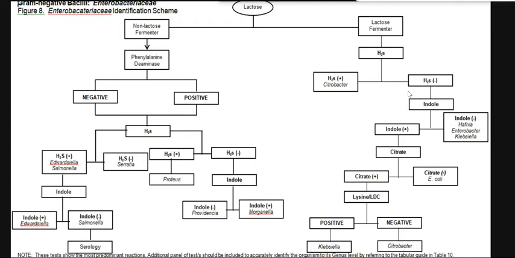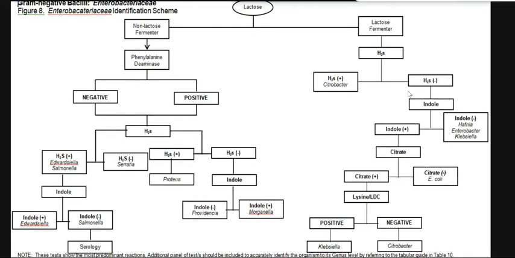Now for non-lactose fermenters, phenylalanine deamination would be useful if positive, and then H2S positive as well. Then, of course, you have swarming, and this could be Proteus. So why am I presenting you this?